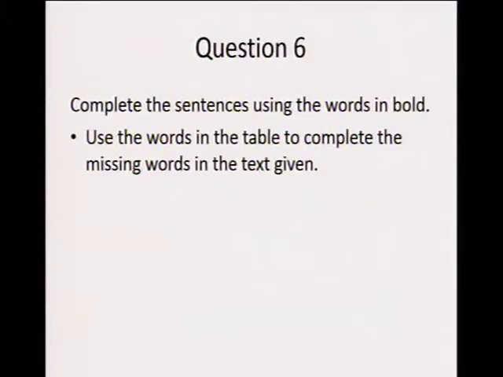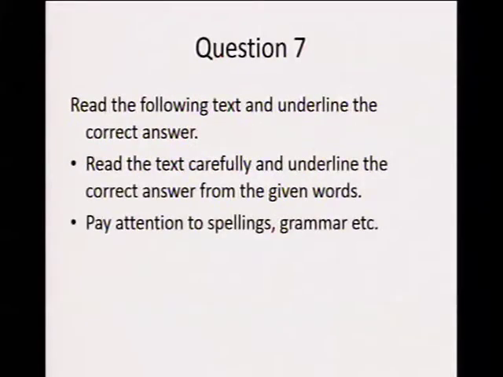Question 6. Complete the sentences using the following bold words. Okay, you are going to be given words which you are going to use to complete sentences. So you use the words in the table to complete the missing words in the given text. This one is clear and straightforward. Question 7. Read the following text and underline the correct answers.